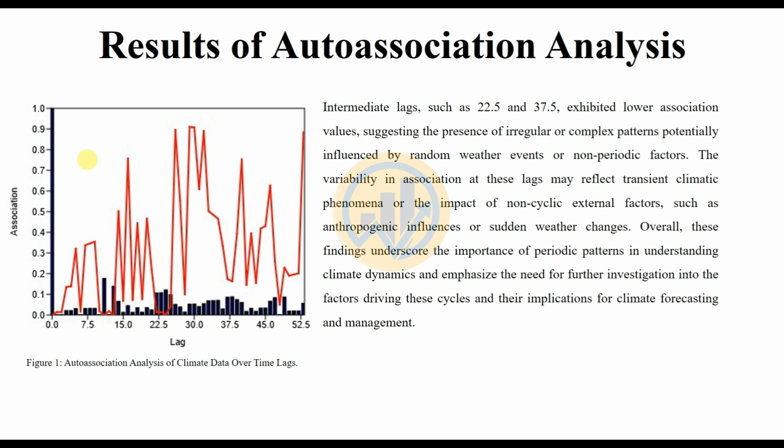The variability in the association at those lags may reflect transient climatic phenomena or the impact of non-cyclic external factors such as anthropogenic influences or sudden weather changes. Overall, these findings underscore the importance of periodic patterns in understanding climatic dynamics and emphasize the need for further investigation into the factors driving those cycles and their implications for climatic forecasting and management.